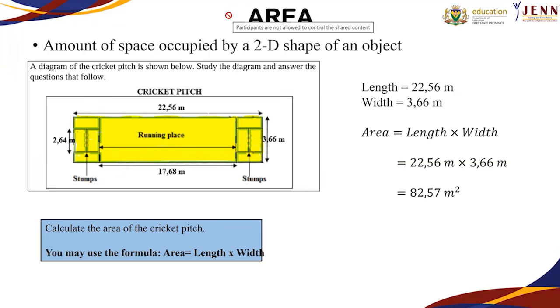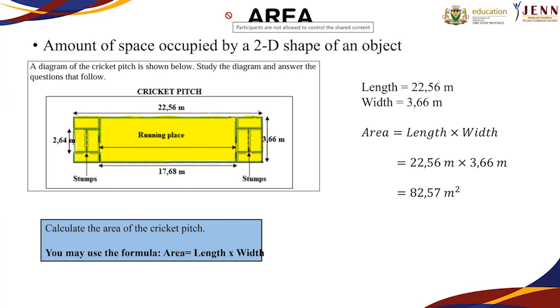Now, if you can see on this cricket pitch of mine, I've highlighted yellow on it, okay? Because remember, area is a flat surface. So when you look at a cricket pitch from above, it's quite flat, okay? So it's my 2D shape. So the question states, calculate the area of the cricket pitch. You may use the formula area equals length multiplied by width.